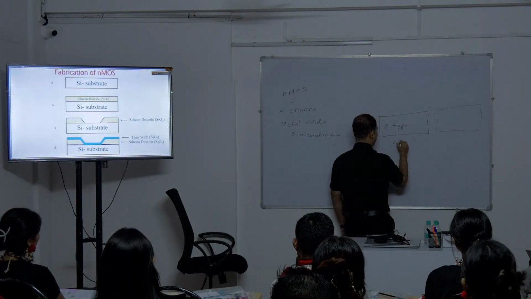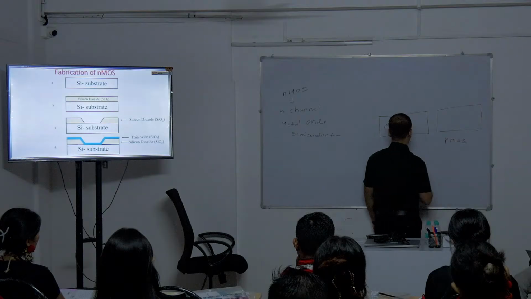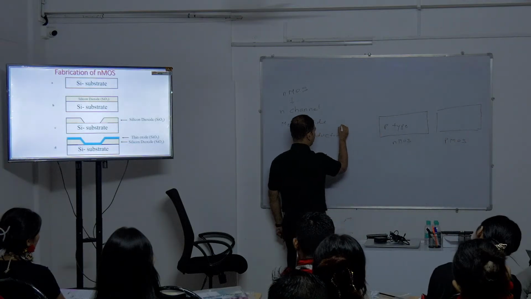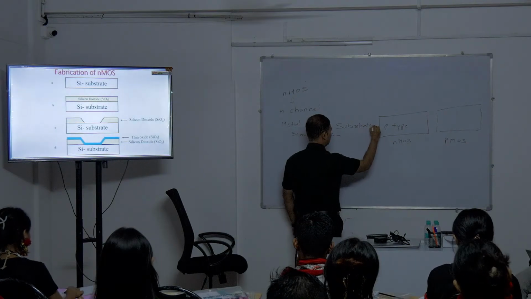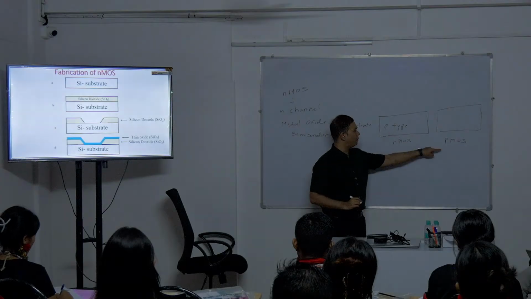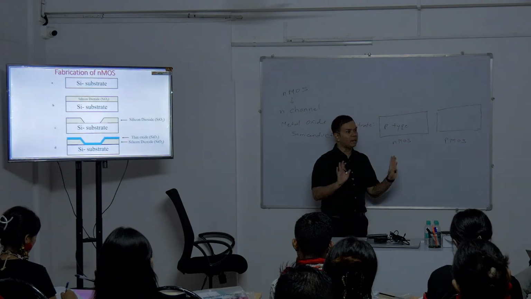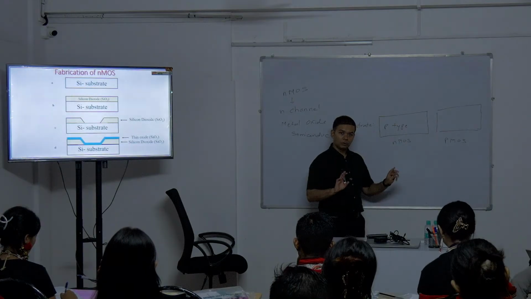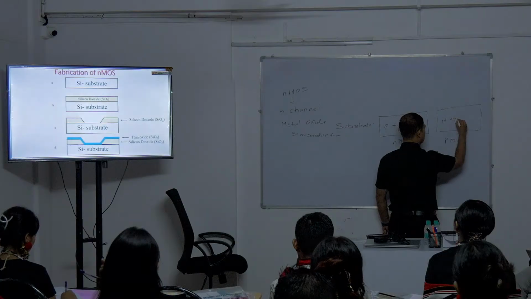This is for NMOS, and that is for PMOS. So for NMOS, if we use P-type substrate, for PMOS we'll be using N-type substrate, right? It is exactly opposite as I was telling, right? So for PMOS, it will be N-type substrate.